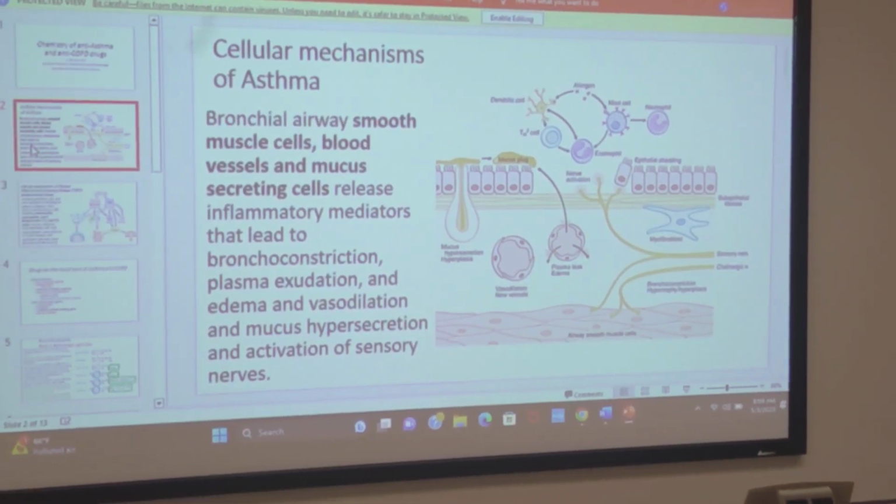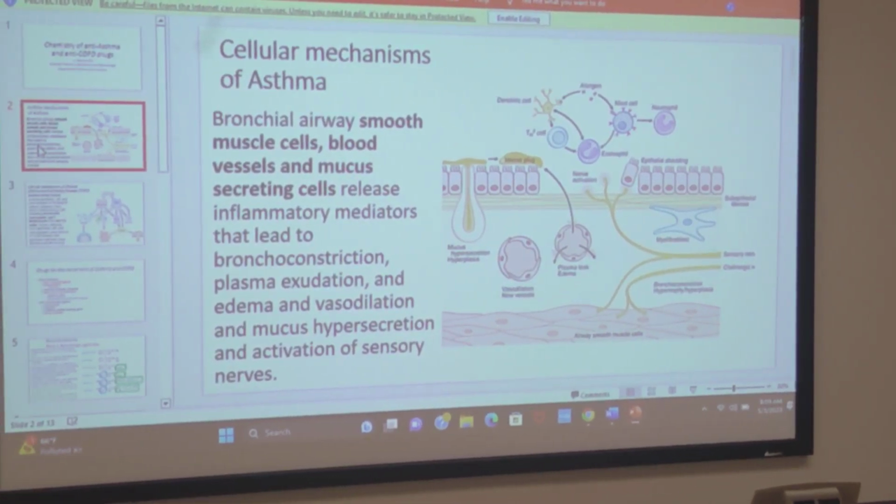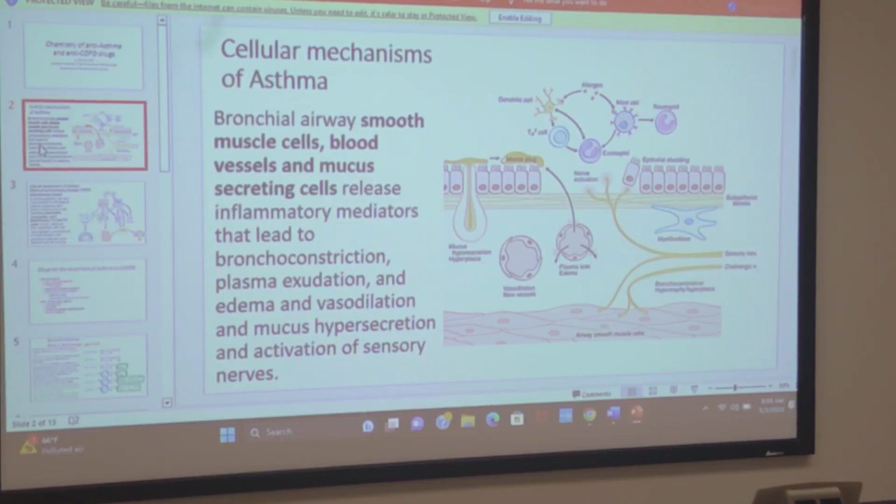What's the difference between asthma and COPD? COPD is a chronic condition, more like when we talk about hepatitis of the liver and cirrhosis of the liver. It is beyond repair.